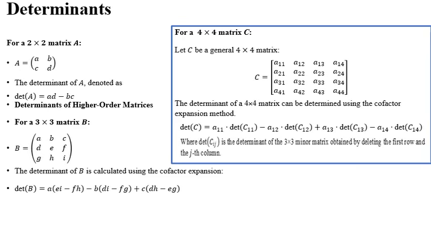Okay, so moving on, we'll be looking at the determinants of 2 by 2 matrix, 3 by 3 matrix, and 4 by 4 matrix. Of course, the determinants of higher order matrices can also be determined, like say 5 by 5 matrix, 6 by 6 matrix, and so on and so forth. But that is a rather complex one.